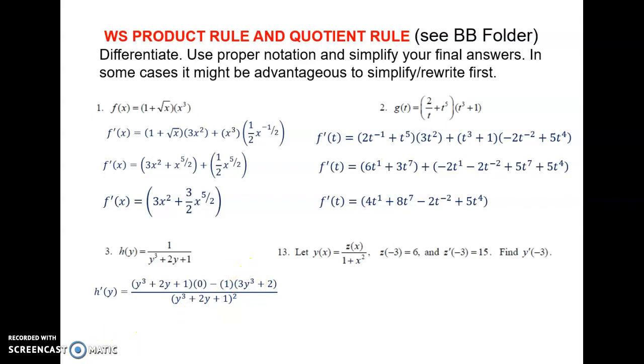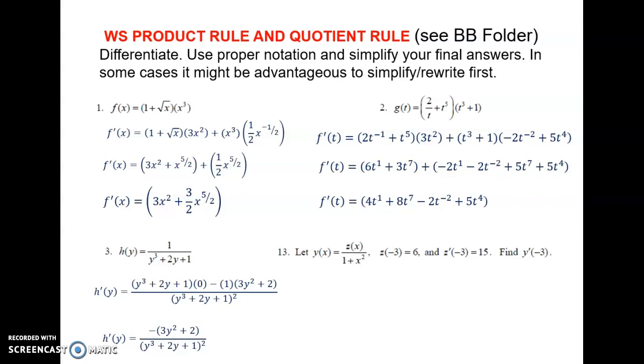Let me stop this and fix. All right, sorry about that. I had to fix my PowerPoint here. So the derivative of the denominator is 3y squared plus 2 over the denominator squared. This now goes away. The numerator now becomes just negative 3y squared plus 2 over that denominator squared.